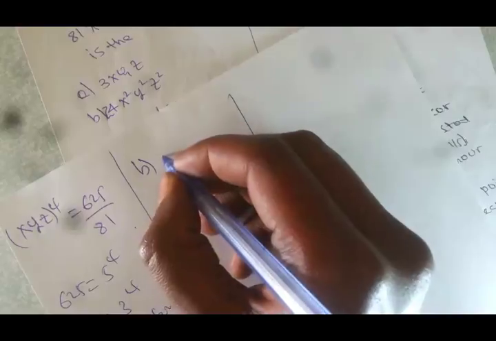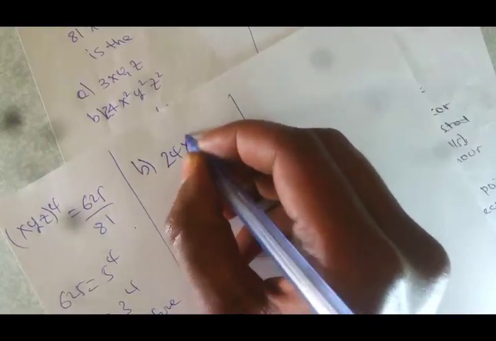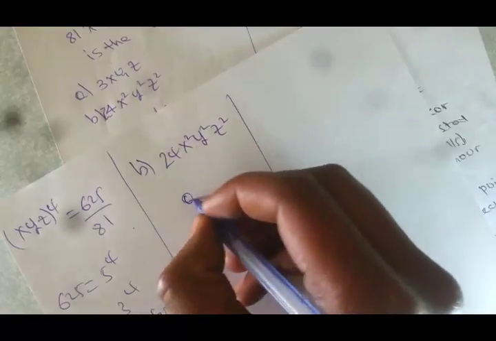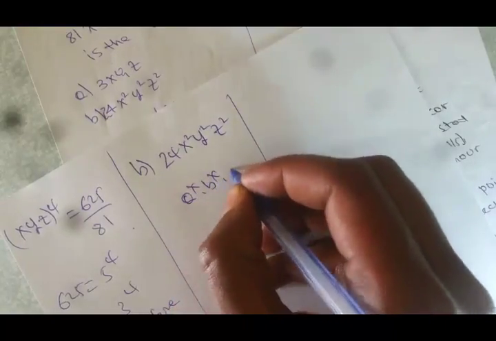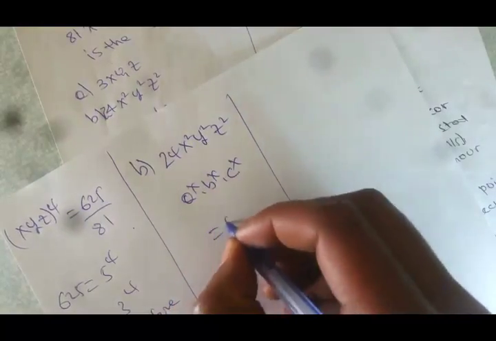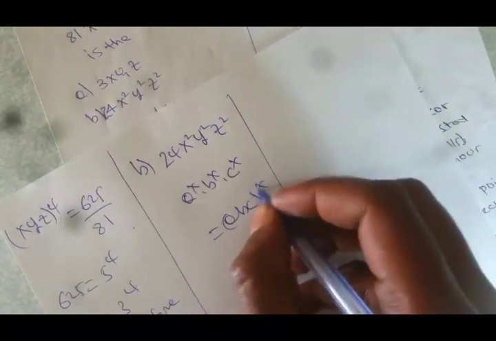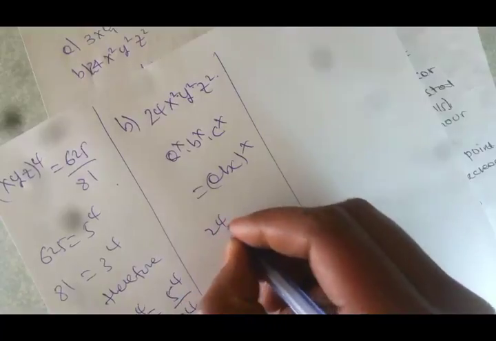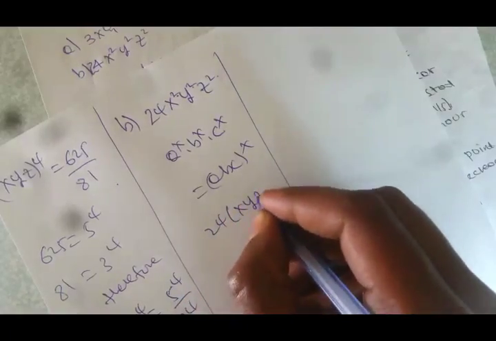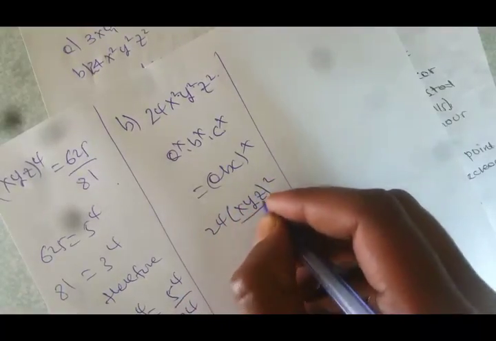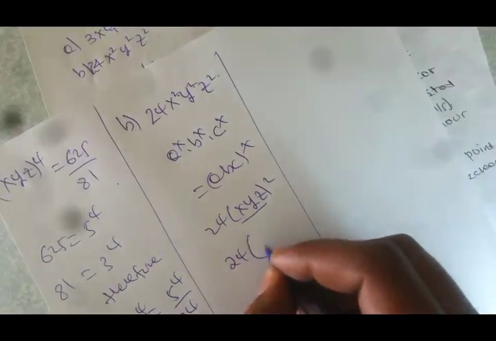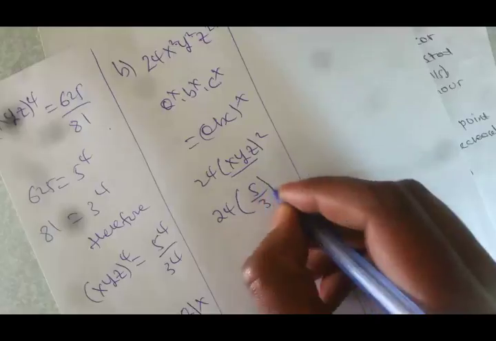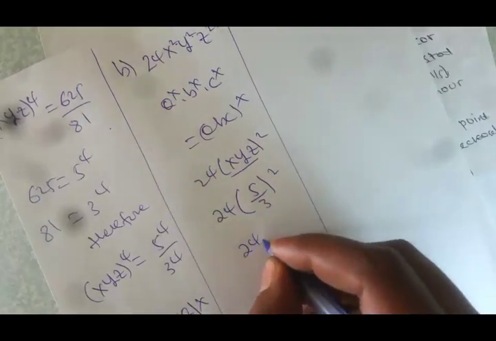And b) is asking us to find 24 x^2 y^2 z^2. We know that a^x times b^x times c^x can be written as (abc)^x. Therefore, with exponent 2 on each, we multiply their bases: 24 times (xyz)^2. xyz is given as 5 over 3, so this is 24 times (5/3)^2.